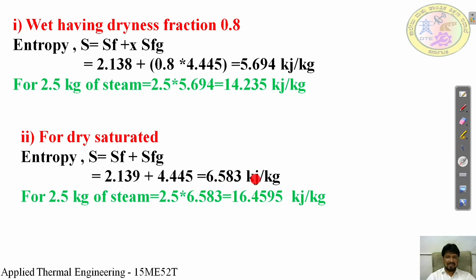This is on a per kg basis. For the given mass of steam 2.5 kg, multiply 2.5 into 6.583, and you will get 16.4595. This is the value for 2.5 kg of steam.